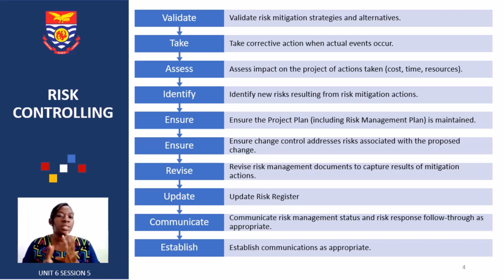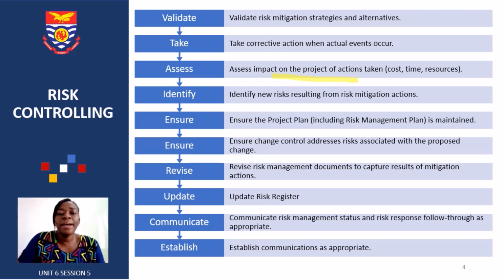We need to put in place some sort of corrective measures to get the result we wanted. And we need to be able to assess the impact of the action taken, looking at the cost, which is the money part, the time, which is going to affect our schedule, and the resources as well. And sometimes even the quality is going to be affected on our project.